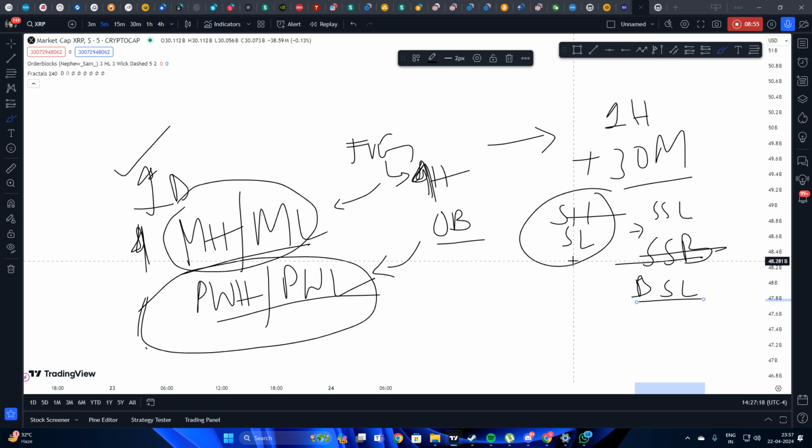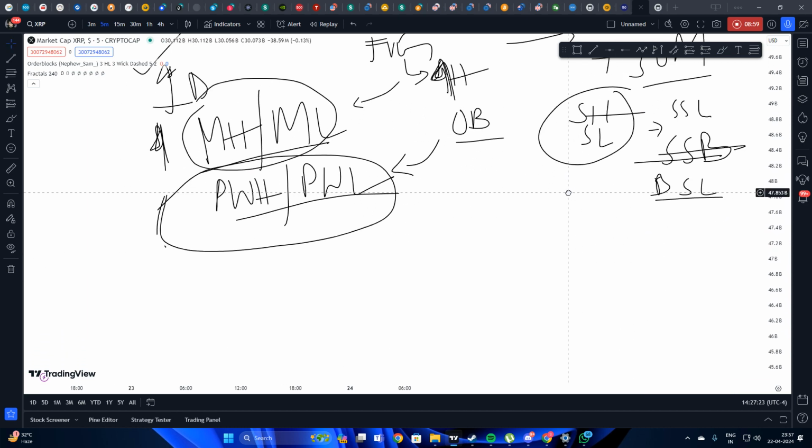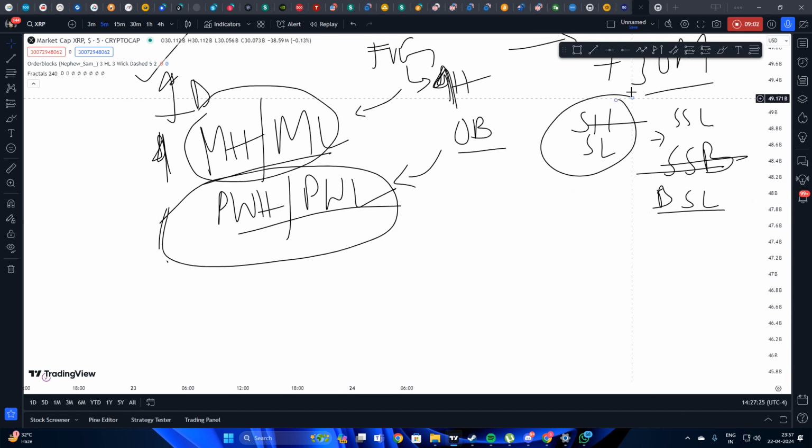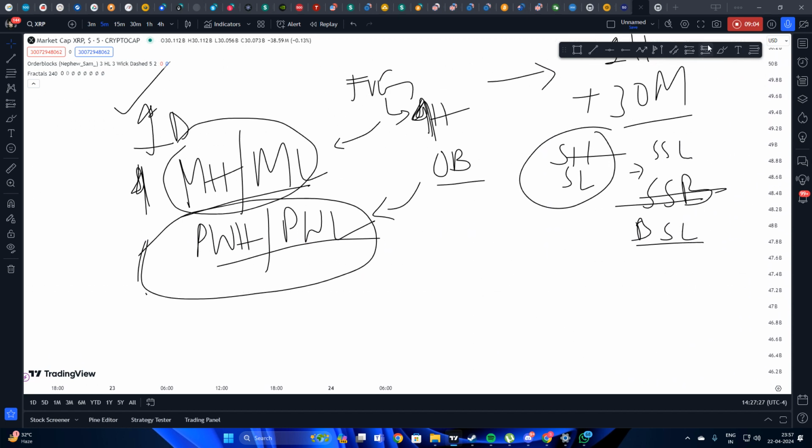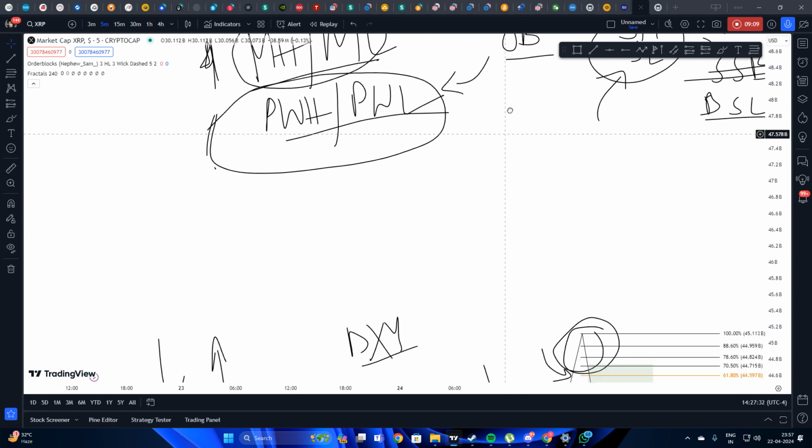If it's a low, it's an SSL, or you can just mark SH or SL, as simply put. Now, I just want you to know that it is better to mark SH and SL when drawing a swing high or low.